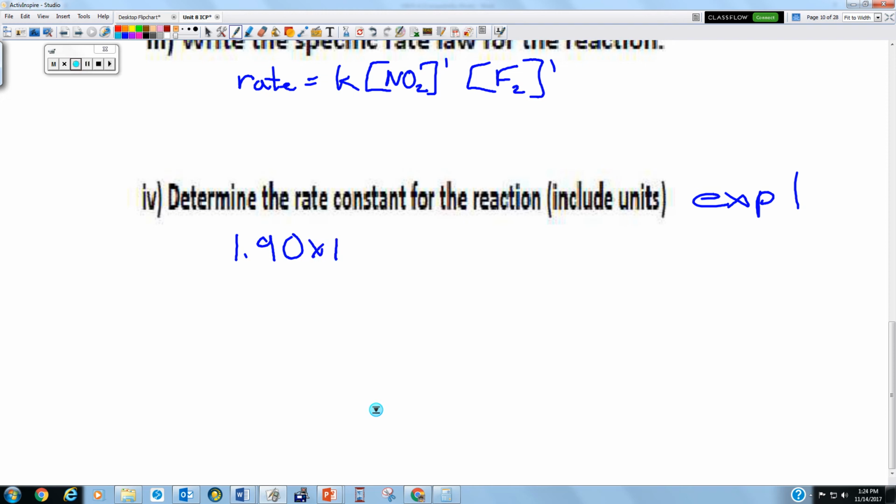1.90 times 10 to the negative third equals K times 0.0482 molar to the first power, times 0.0318 molar to the first order. Oh, and this rate is molarity per second, or moles per liter seconds.